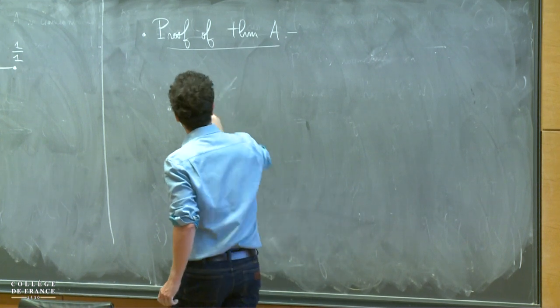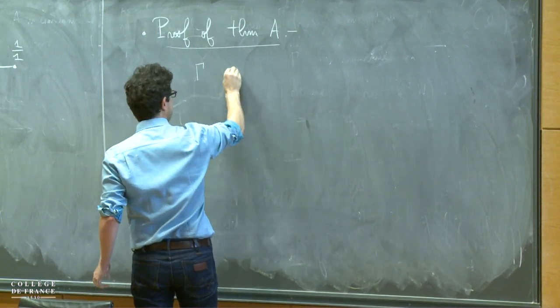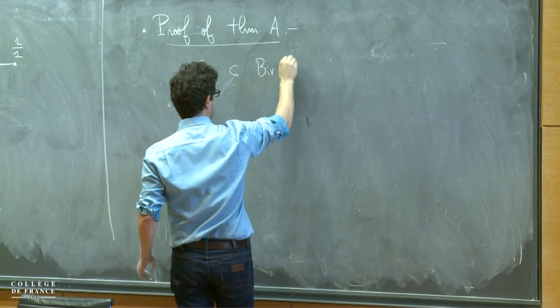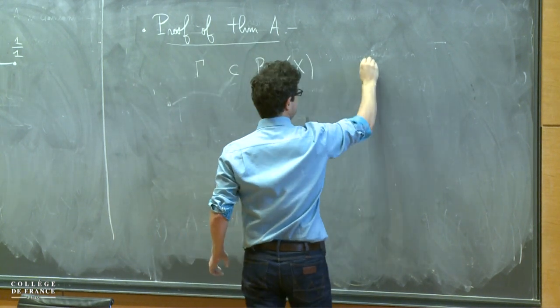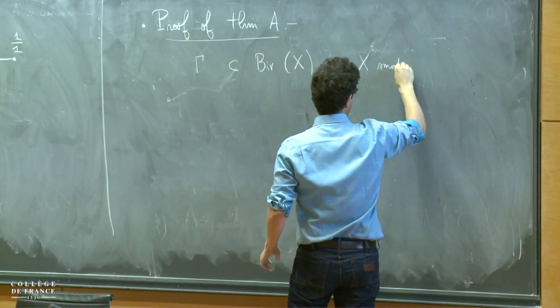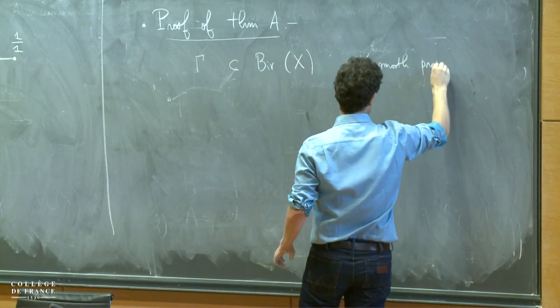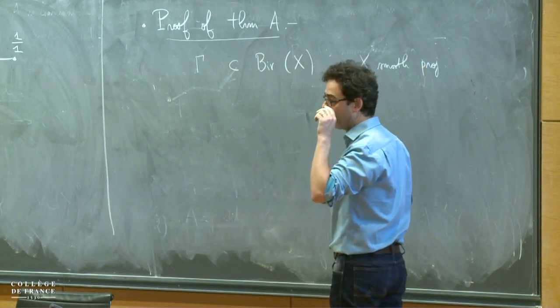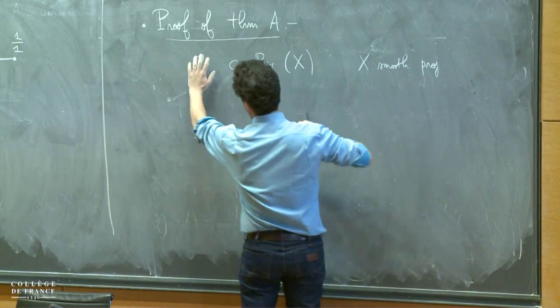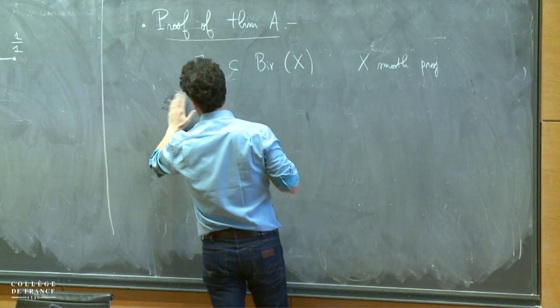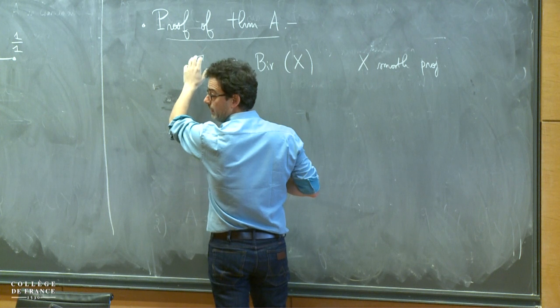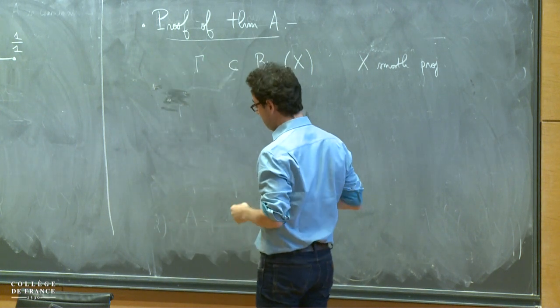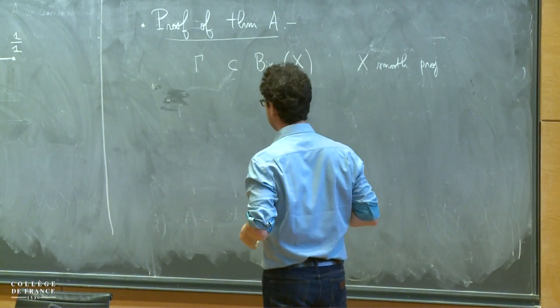So you start with a group, gamma, which acts by birational transformations of X, and X is a smooth projective variety. I want to apply this property FW. So I will assume that gamma has property FW, and I want to use this property.